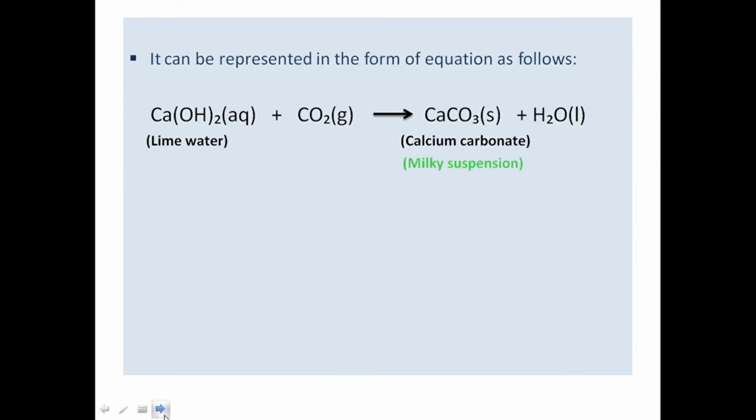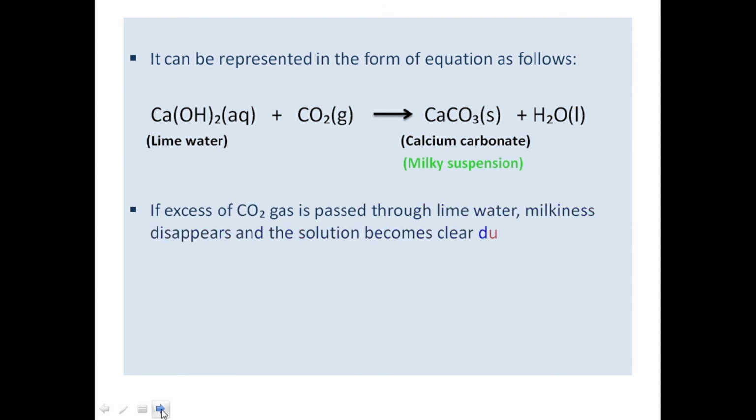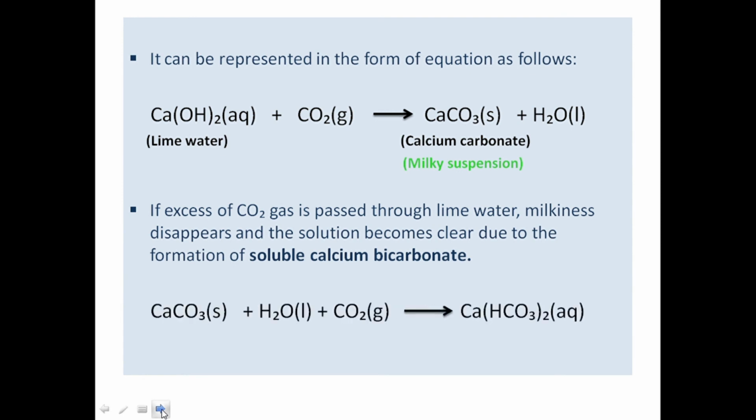Also, the very interesting part of this experiment is when we try to pass excess CO2 gas through lime water, the milkiness disappears and the solution becomes clear. This is because of the formation of soluble calcium bicarbonate, and the equation is calcium carbonate plus water plus carbon dioxide gas, and it forms calcium bicarbonate, which is soluble in water.